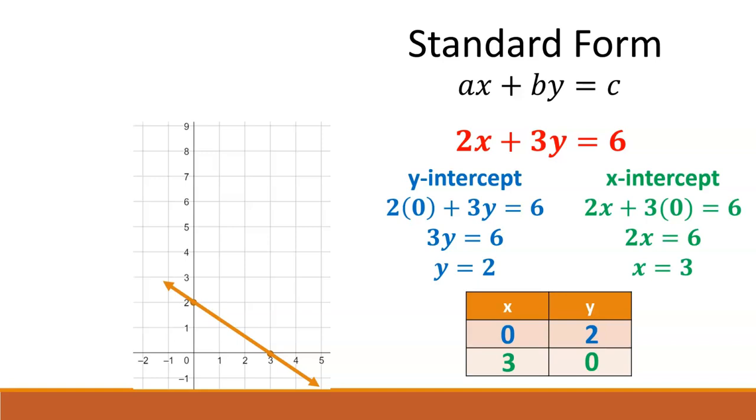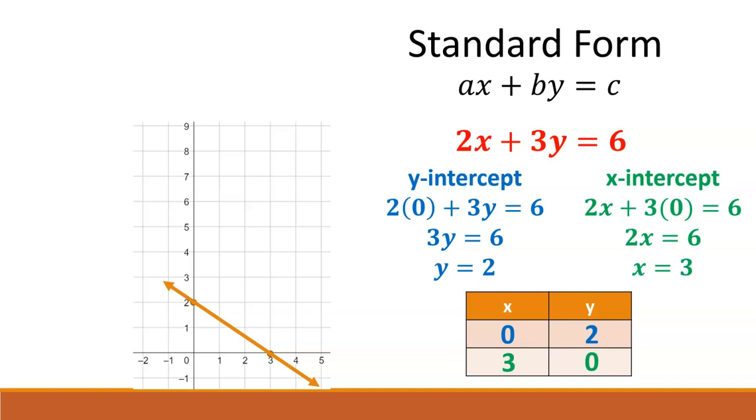One thing that made graphing with intercepts really easy with this line is that both the x and y intercepts are integer values. In other words, they fell along those grid lines on our graph. That's going to happen if the coefficients of the x and y, that's the a and the b, are both factors of the constant term, that's the c.